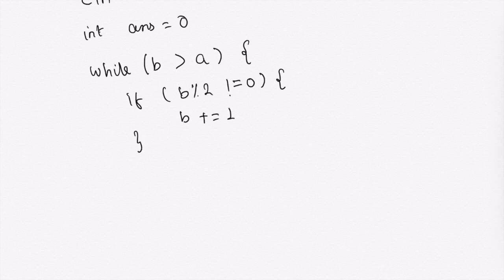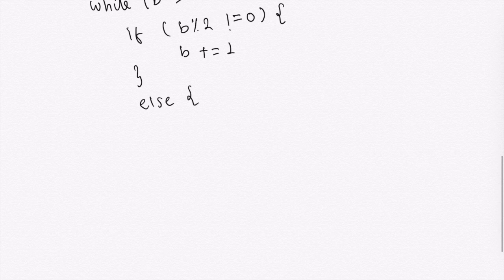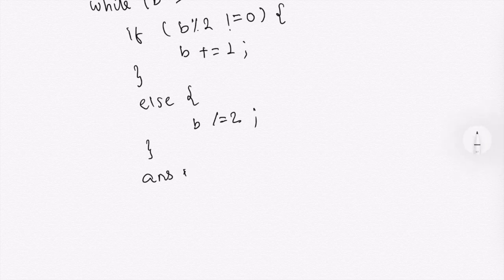Else, we know that in this condition it is a multiple of 2, so we simply divide it by 2. And because this is a step, we also increase our answer by 1.